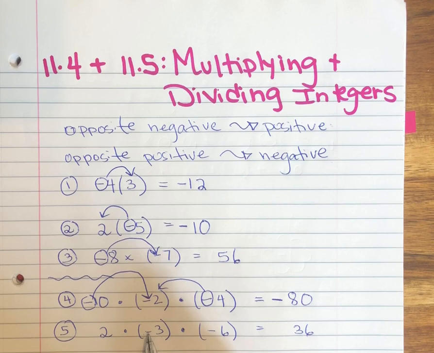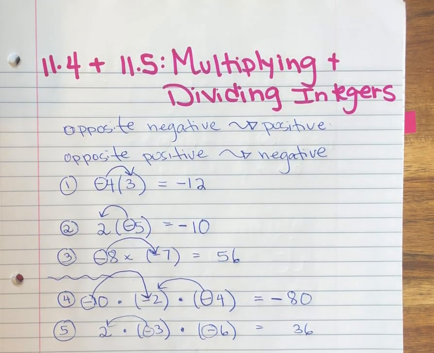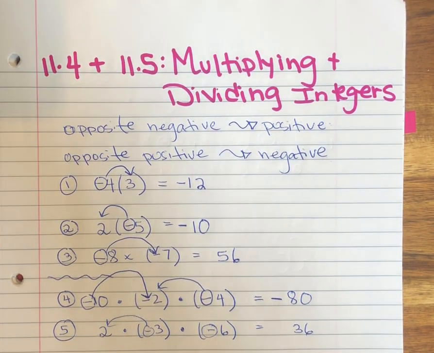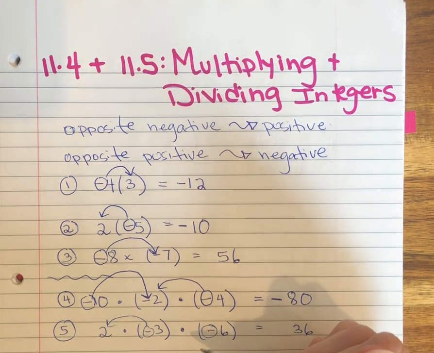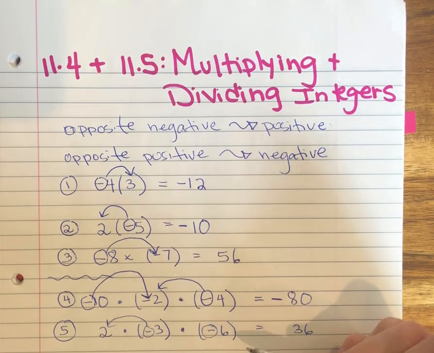Well, the opposite of a positive would be a negative, and the opposite of that negative is a positive 36.